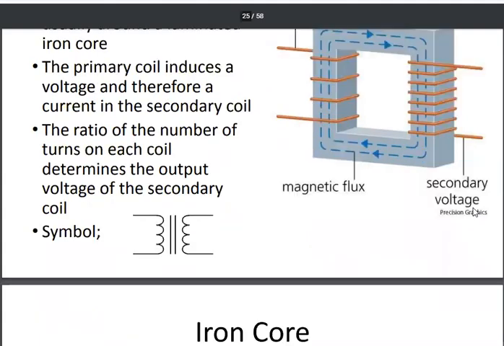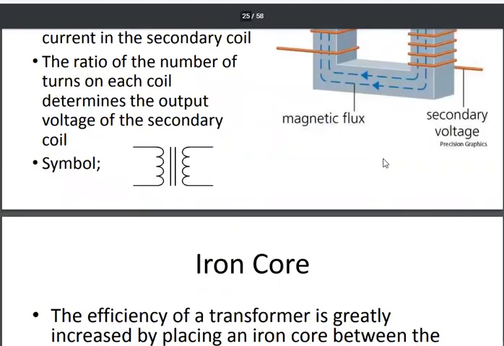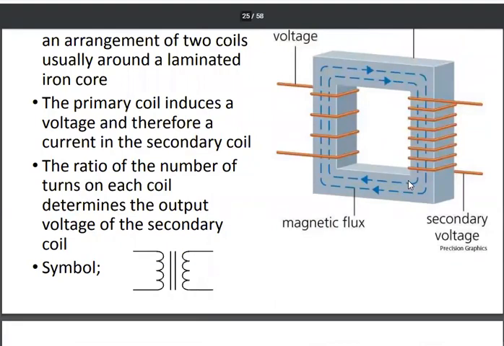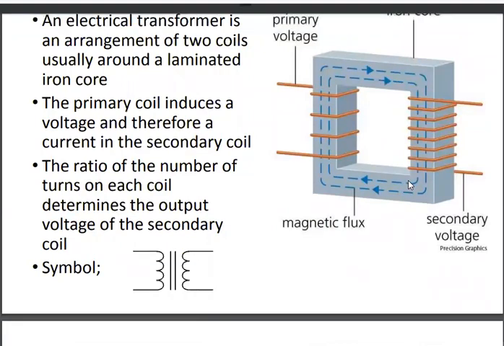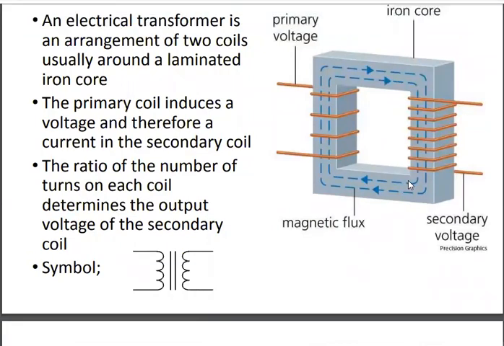That's why in place of a single iron frame, we take iron plates of the same size, and they are arranged coaxially such that each plate is separated from each other by a dielectric medium called mica or laminated.